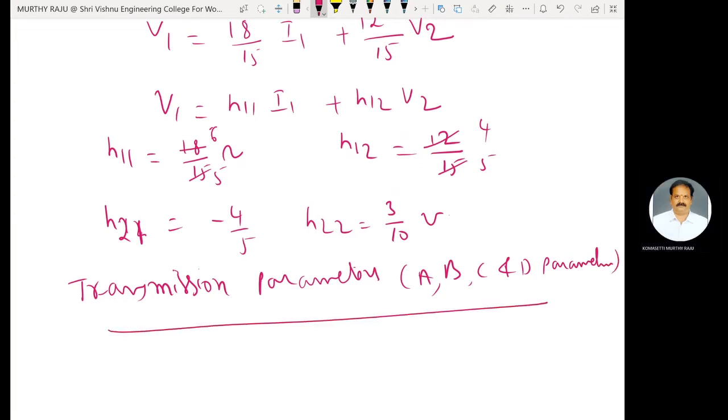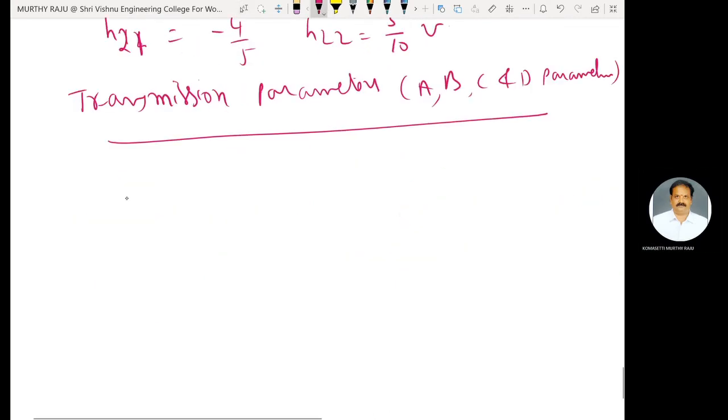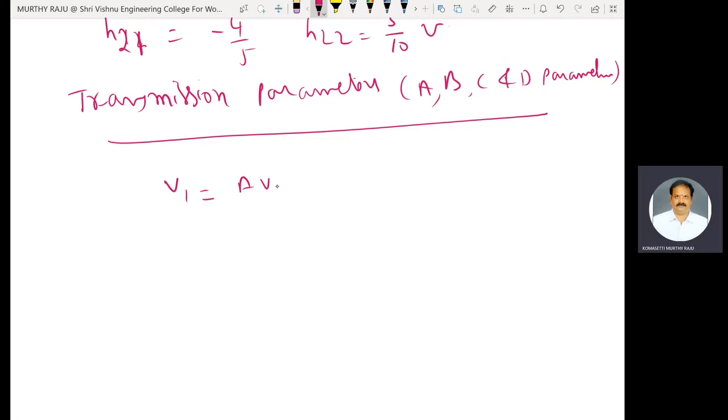That is V1 is equal to A V2 minus B I2, and I1 is equal to C V2 minus D I2.